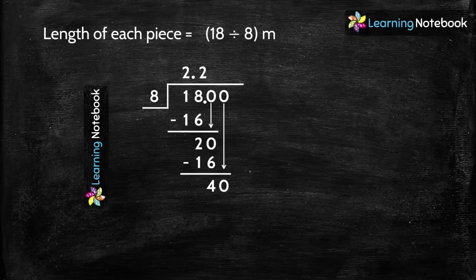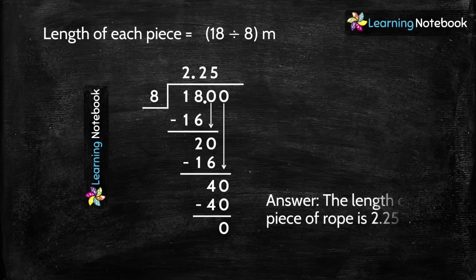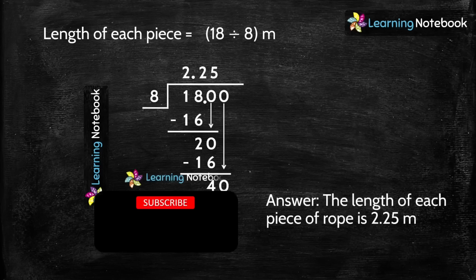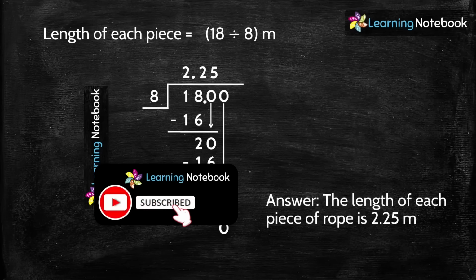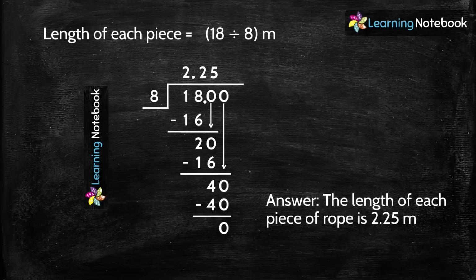Now let's divide 40 by 8. 8 into 5 equals 40 and 40 minus 40 equals 0. So now our division is complete and we have got the quotient as 2.25. So let's write the answer statement. The length of each piece of the rope is 2.25 meters.